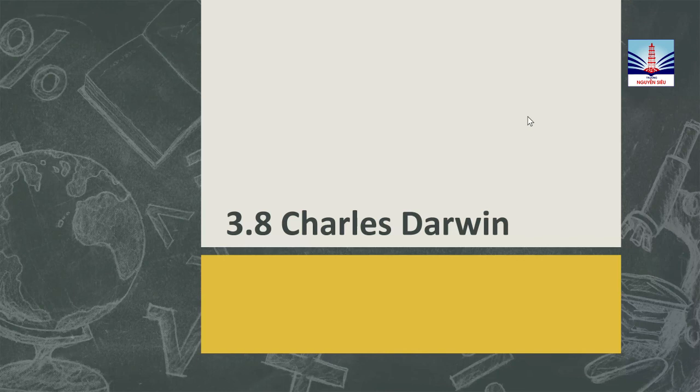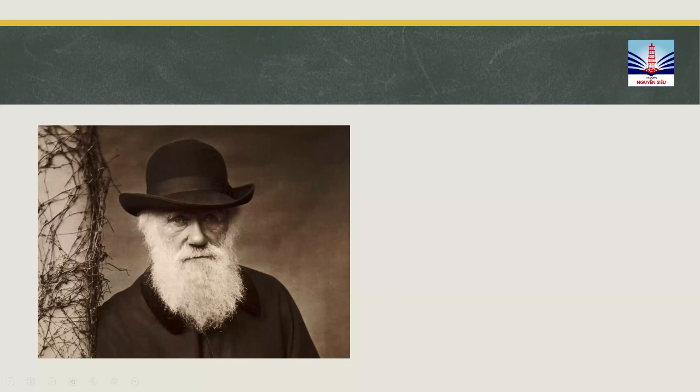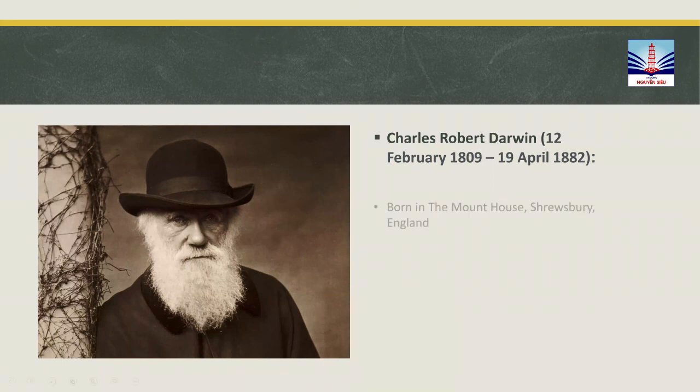So, Charles Darwin, this dude. Yeah, he's kind of old, but that's what he's usually known as in the public. His full name is Charles Robert Darwin. You don't have to take this down, this is not going to be in the quizzes. This is just extra information. He was born on the 12th of February 1809 in the Mountain House, Shrewsbury in England, and he passed away on 19 April 1882.